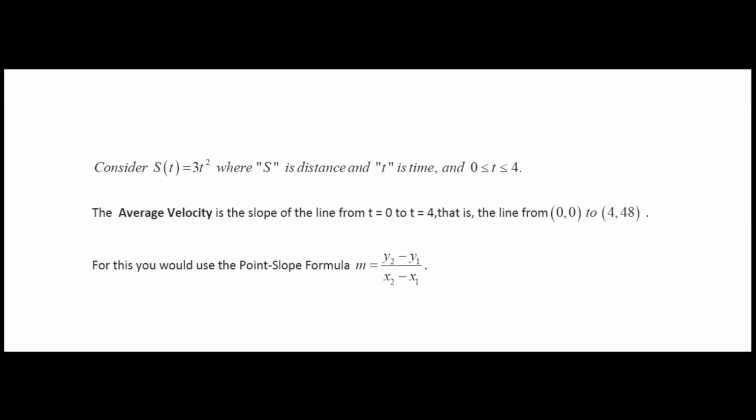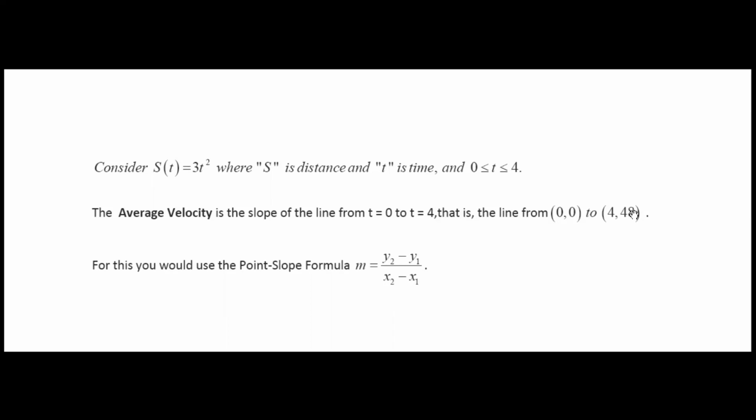Now, average velocity is something you probably have had before getting to calculus. It's simply the slope of the line joining the initial point of the graph with the final point of the graph. That is, in this case, t equals 0 to t equals 4, or the ordered pair 0, 0 to 4, 48.